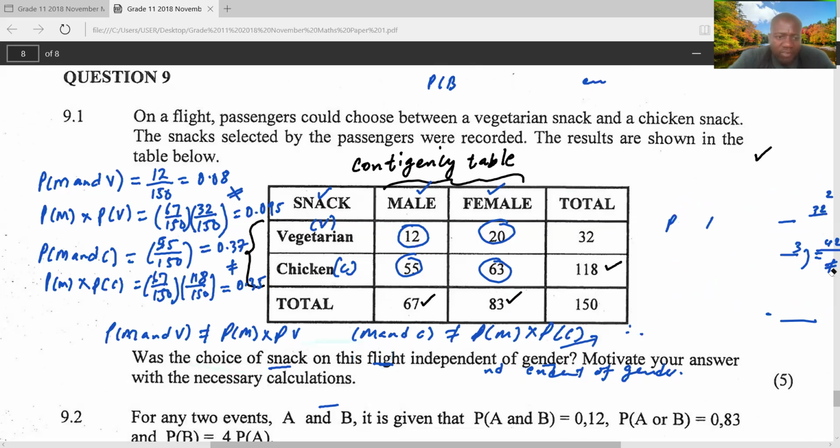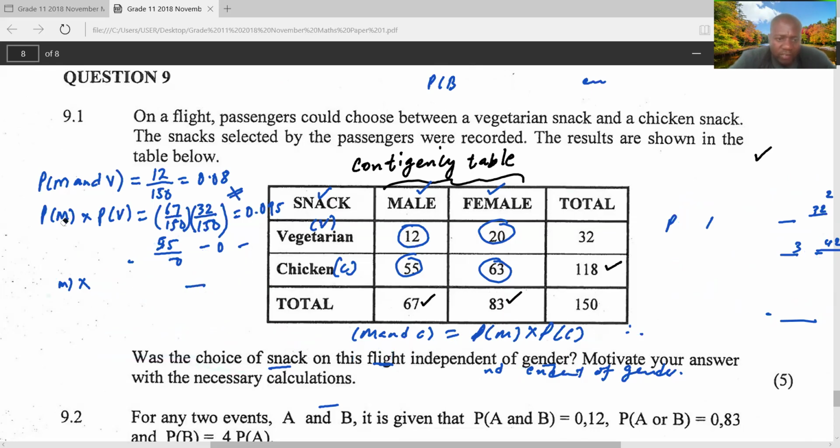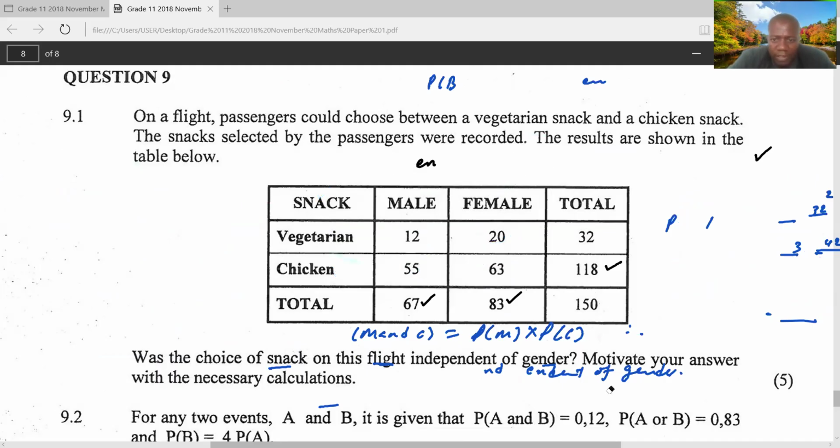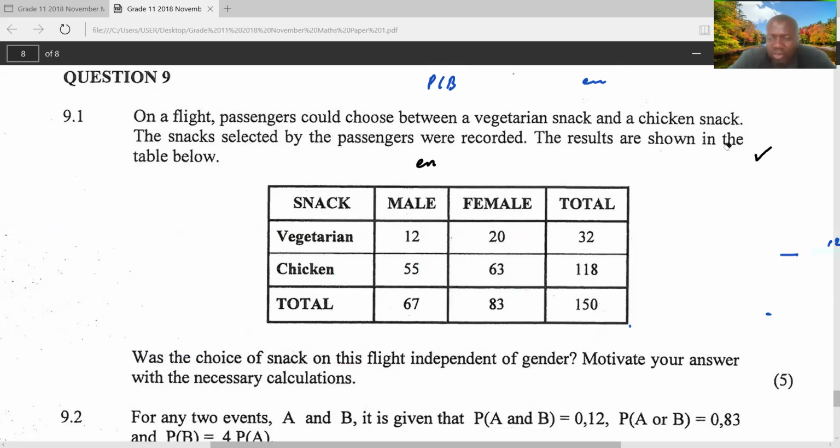Right, in the second question, we are told that for any two events A and B, it is given that the probability of A and B is 0.12.